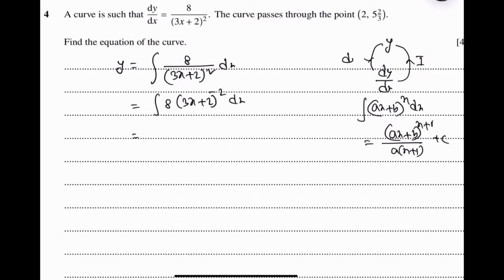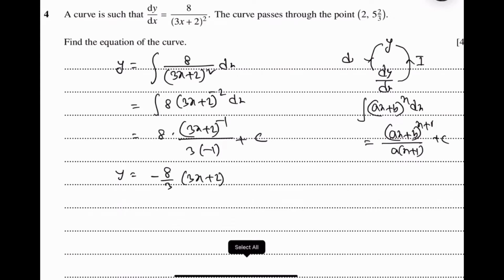Now let us simplify. 8 times (3x plus 2) to the power minus 1 divided by 3 times minus 1, plus c. So y equals, obviously, minus 8 over 3 times 1 over (3x plus 2), plus c.